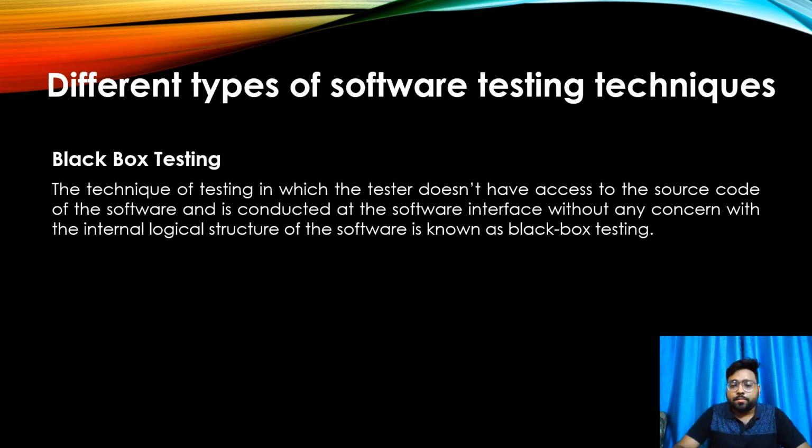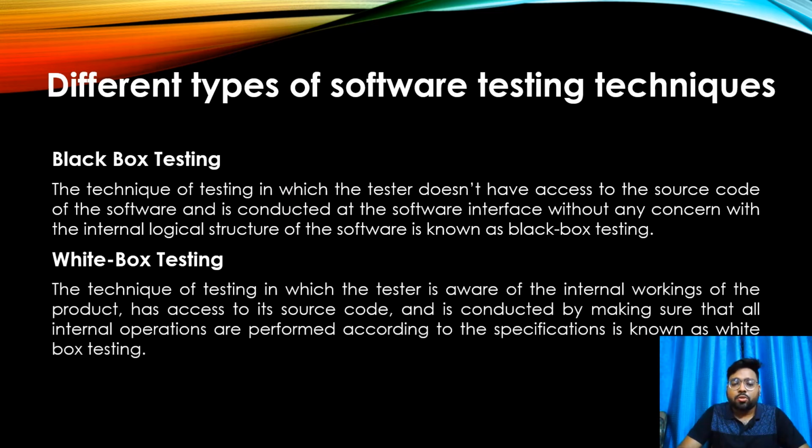And that is black box testing. Then we have white box testing, which is also known as glass box testing, and open box testing also. This is the technique of testing in which the tester is aware of the internal workings of it. So for example, all the internal operations are known in this case.